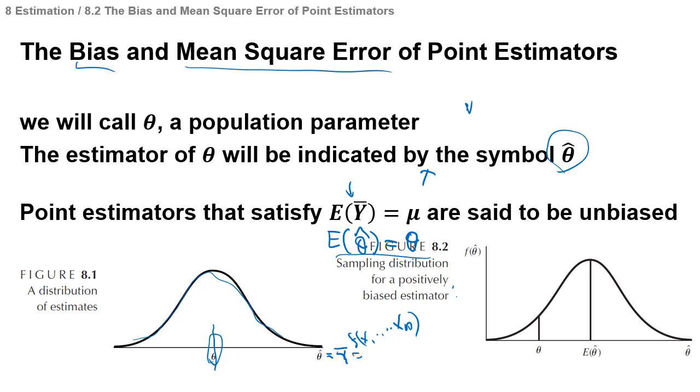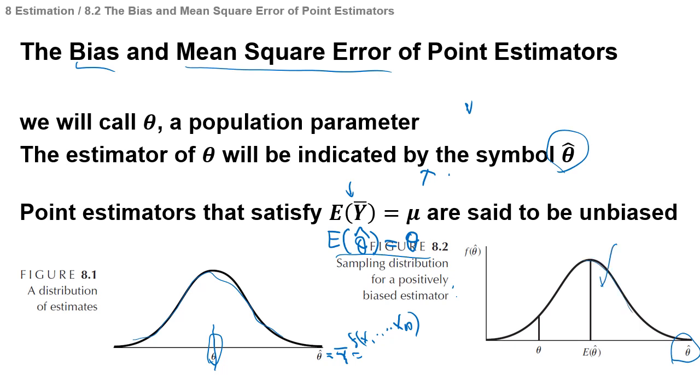So figure 8.1 describes a distribution of our estimate. And in figure 8.2, sometimes our estimate has a distribution like this. Let's say the distribution of our estimator theta hat is something like this.